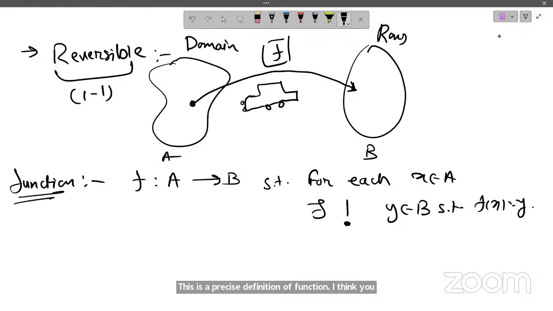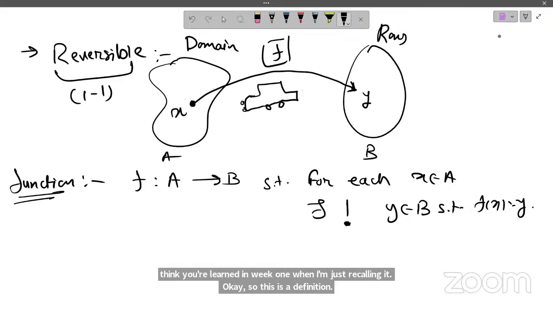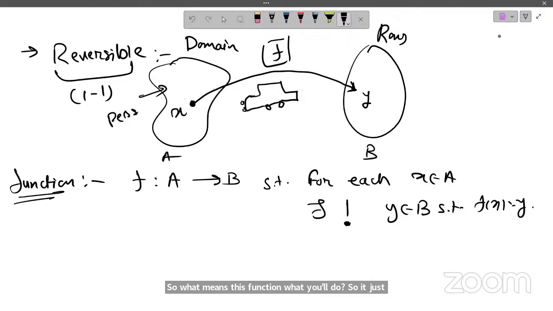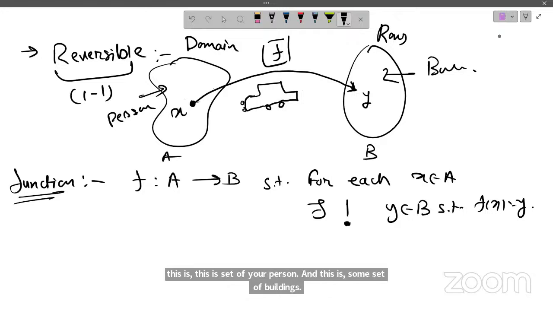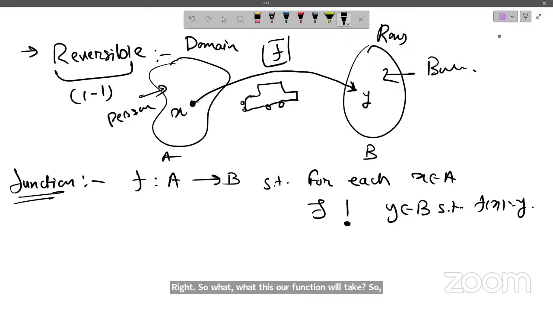So what will this function do? It just takes a person from here and drops it here. Suppose this is a set of persons, and this is some set of buildings. Our function will take a person from this space and drop them in some building.